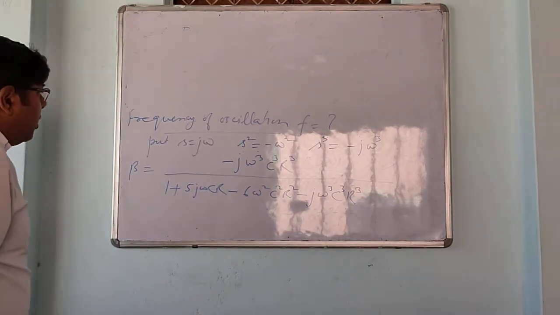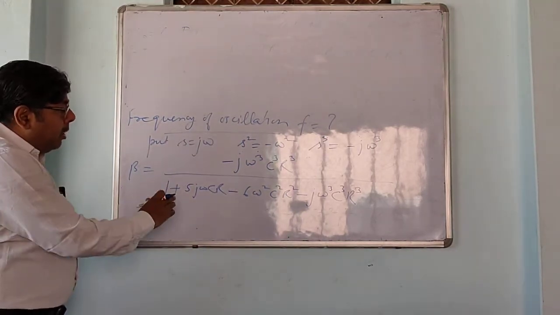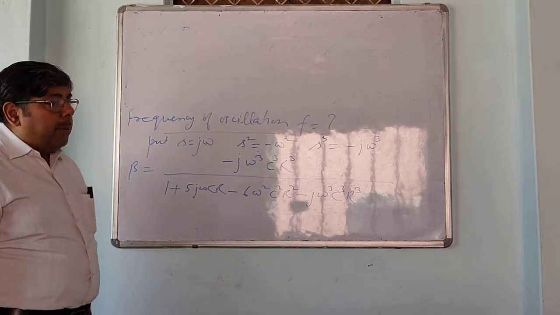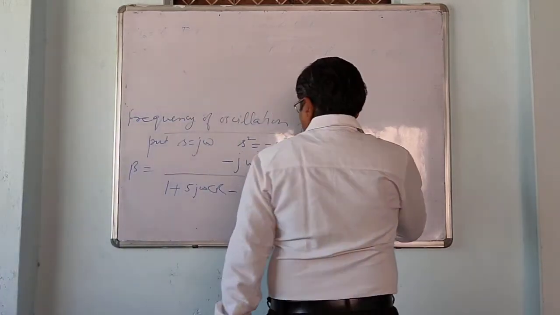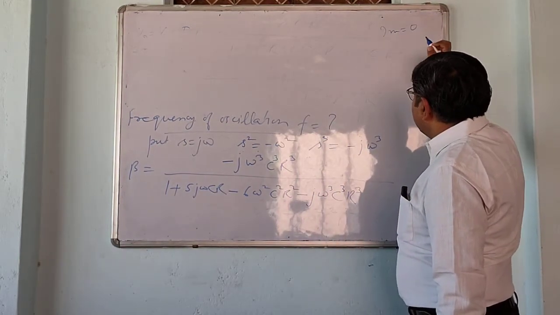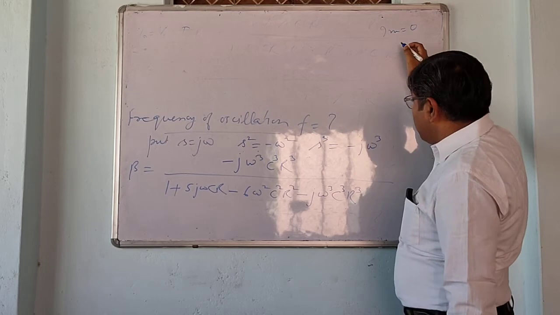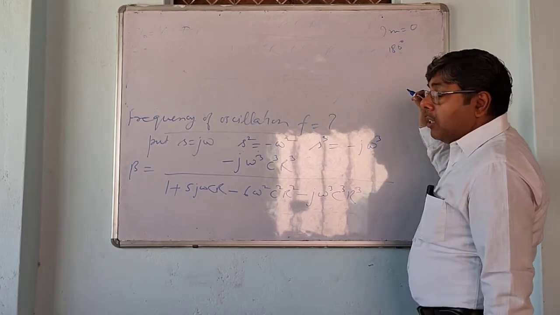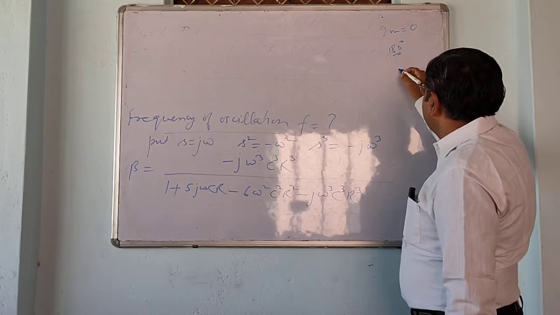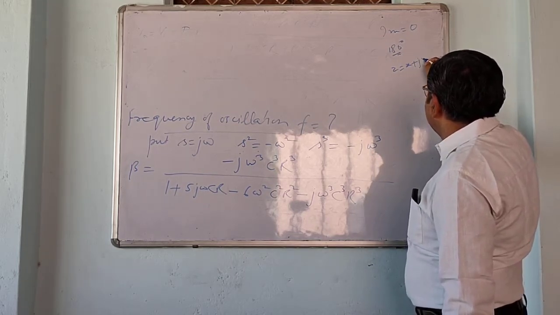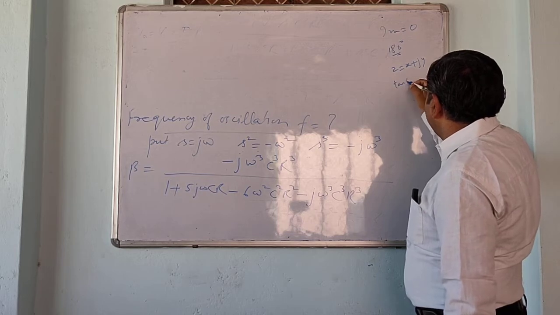To simplify, the rule is simple. First we will separate the real and imaginary parts, then we will put the imaginary part equal to 0. Why do we have to put the imaginary part 0? Because the total phase shift is 180 degrees. Suppose any complex number is represented by x plus jy, then what is the phase?